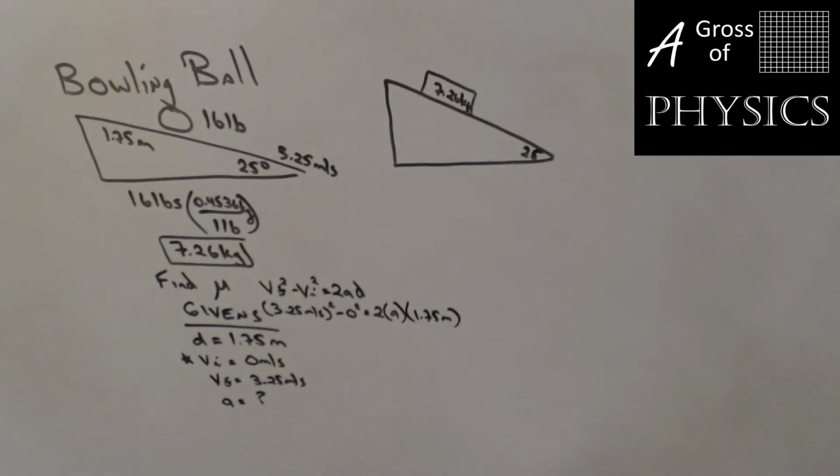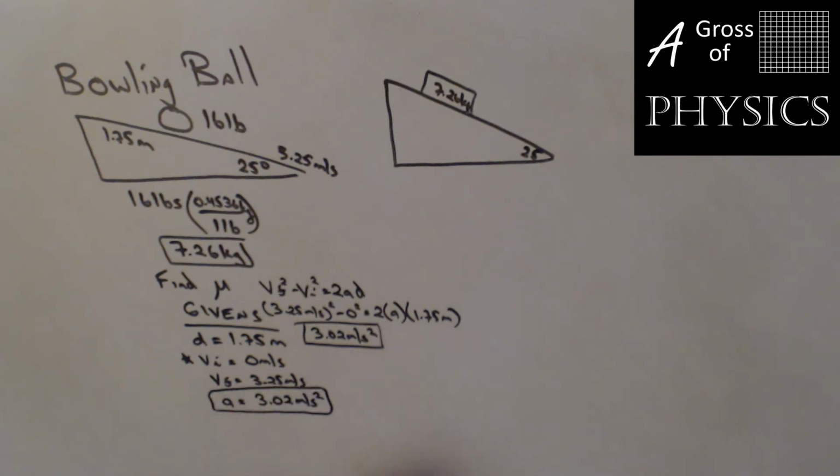All right, 3.25 squared divided by 2, then divided by 1.75 gets me 3.02 meters per second squared. And that's my acceleration. So the acceleration, not a question mark anymore, is 3.02 meters per second squared.